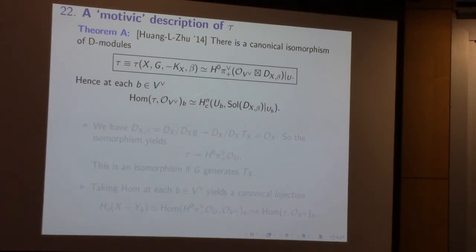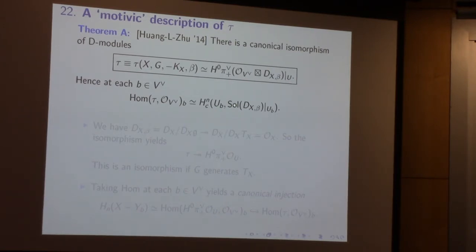As an immediate consequence, with a few lines of calculation, you show that the solution sheaf of tau, namely Hom of tau into this, at any given point, that is a germ of solutions at B, is given canonically as a sheaf cohomology, compactly supported sheaf cohomology, over the complement. What is this coefficient?